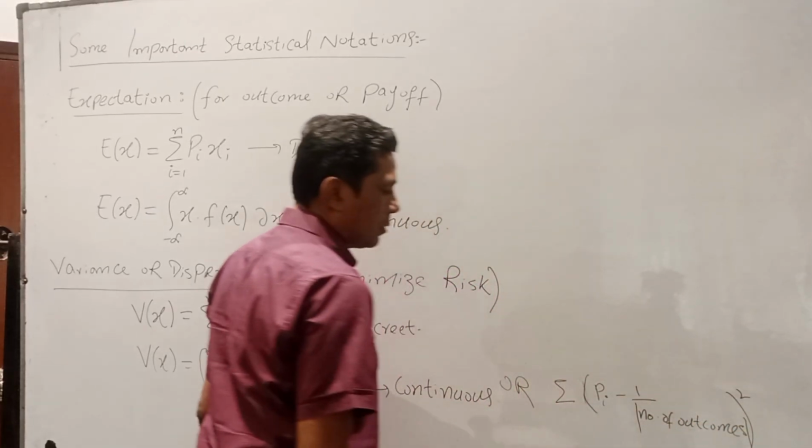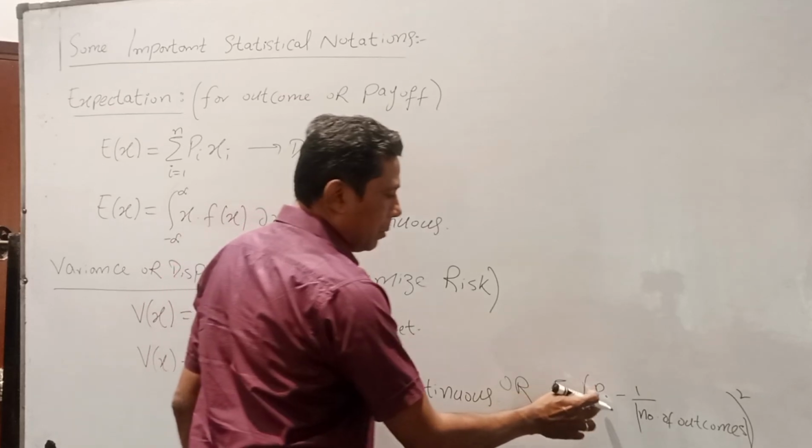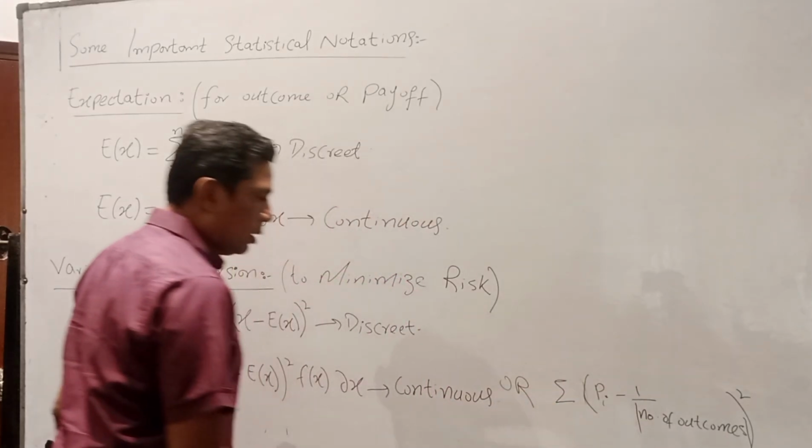So we can write this with probability and number of outcomes.